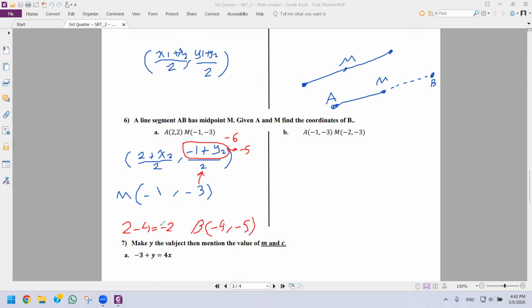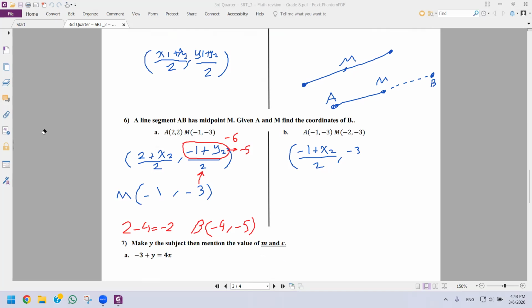Now, let's do the other point. We will do the same thing. Let's write the formula first. So M is equal to x1 plus x2, which we don't know, over 2. Then y1, we know it. It's minus 3. Sorry, there's something wrong there.